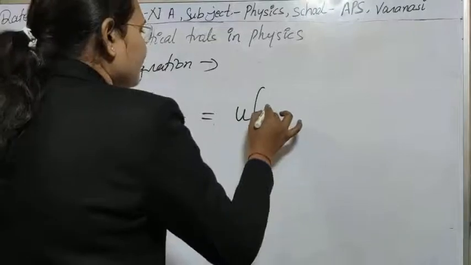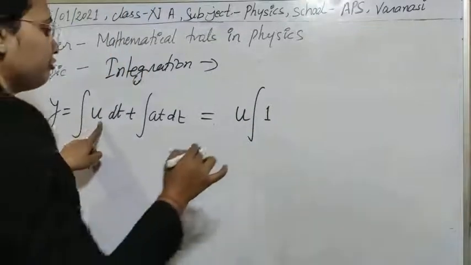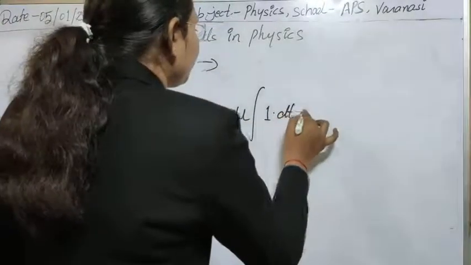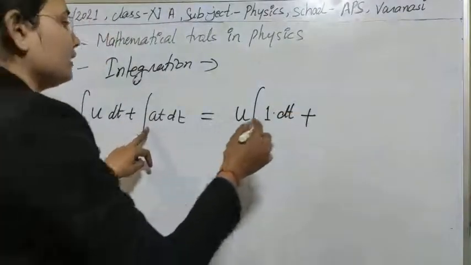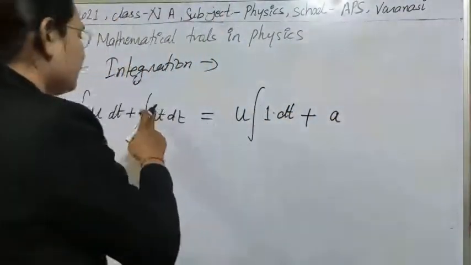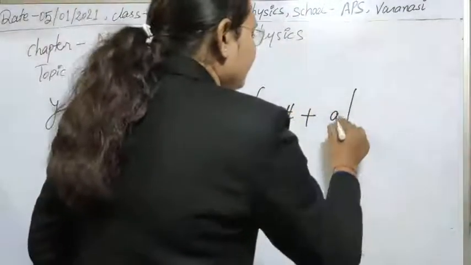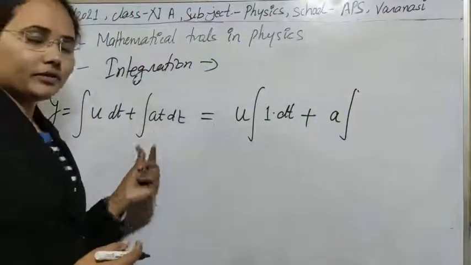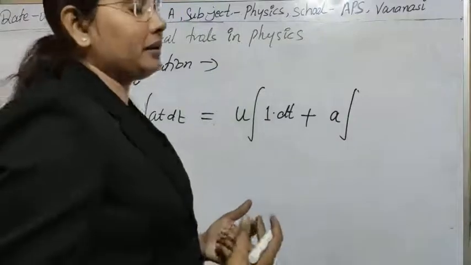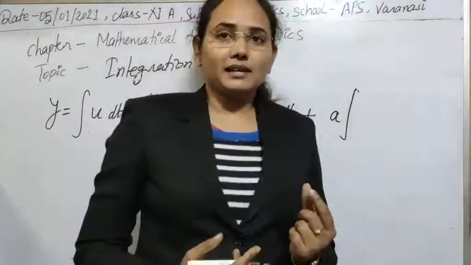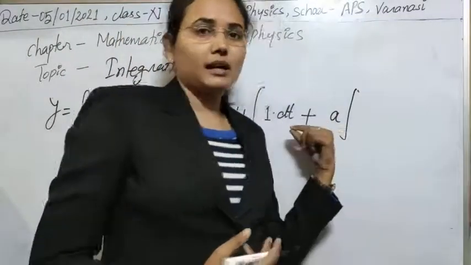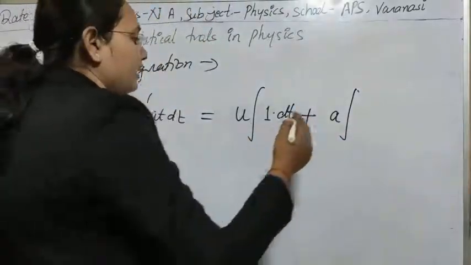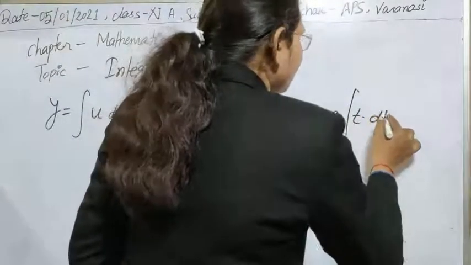So put 1 into dt plus, taking a outside, as a is a constant acceleration, because in the equation of motion we take the concept of uniform acceleration, and here t dt.